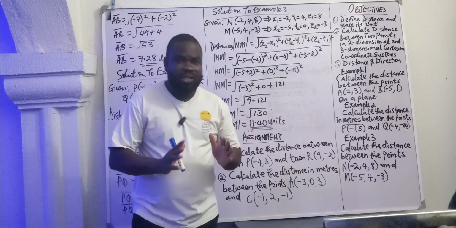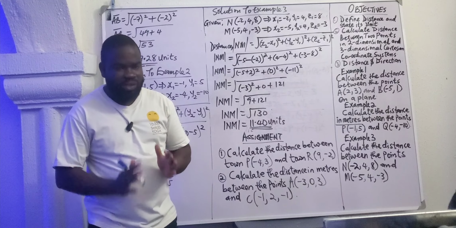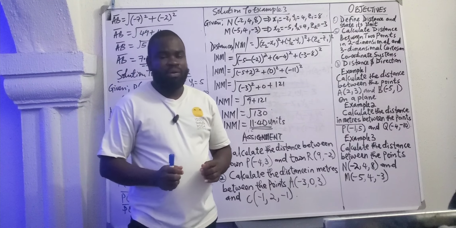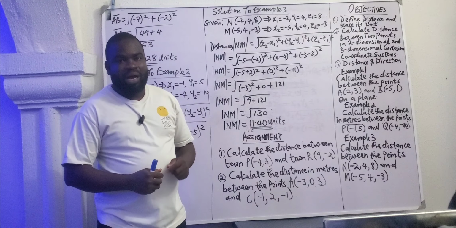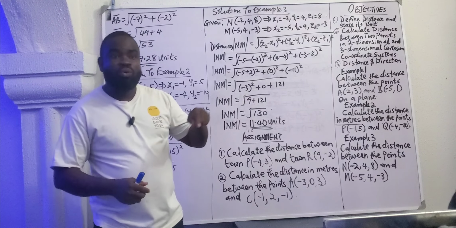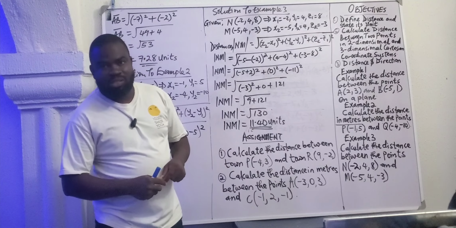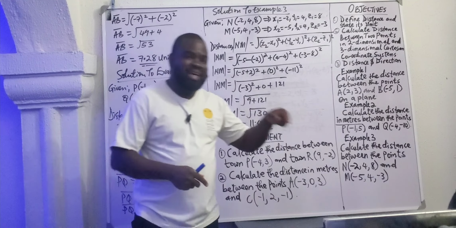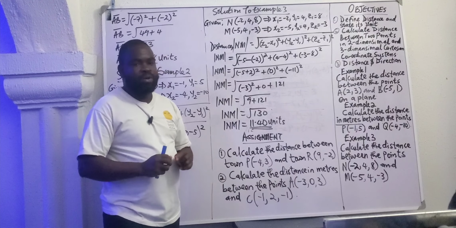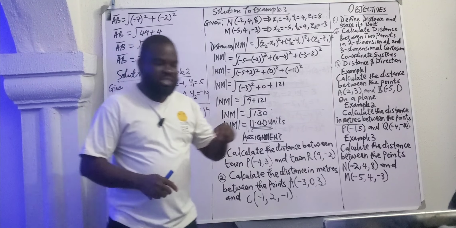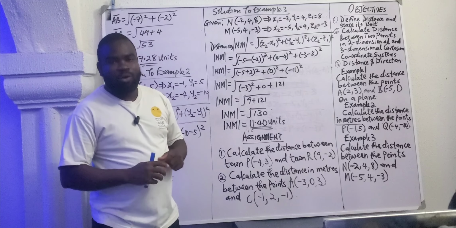Now, distance, like I said, is a measure of separation between 2 points. It tells you how far a point is from another. However, it does not tell you where the object is, and does not tell you in what direction the object is. So that becomes a problem when you are not able to specify the direction of an object.